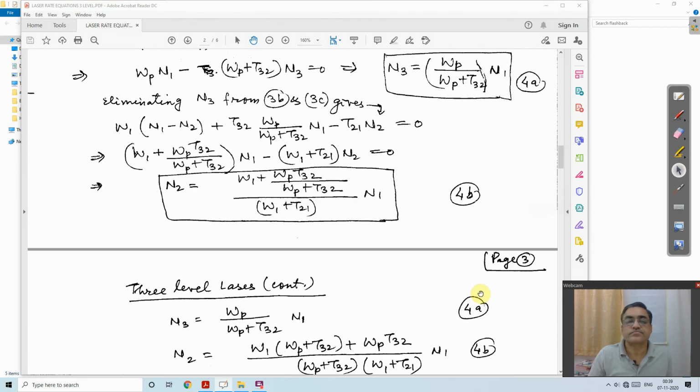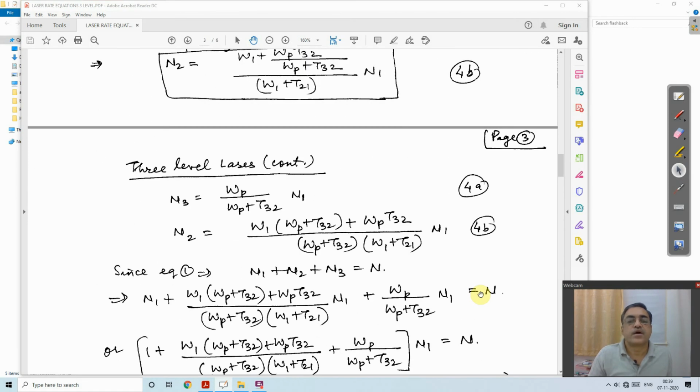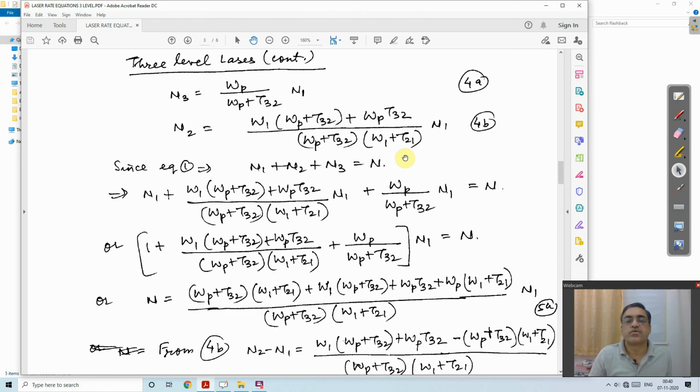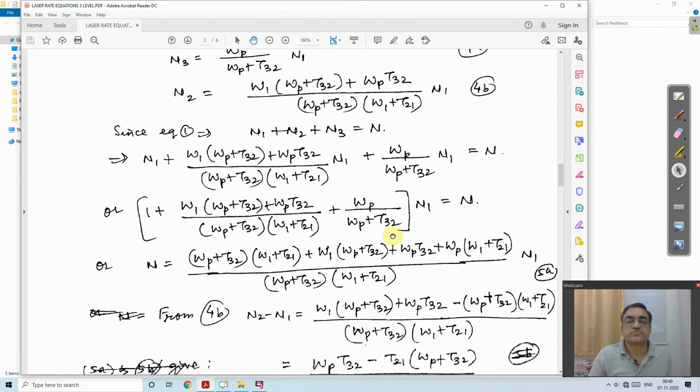Now I have N3 equal to Wp by (Wp plus T32) N1, and N2 we have seen is this equation 4b, and by back substitution in the original equation, what I get is N2 equal to (Wp plus T32) over (W1 plus T21), just taking the LCM.